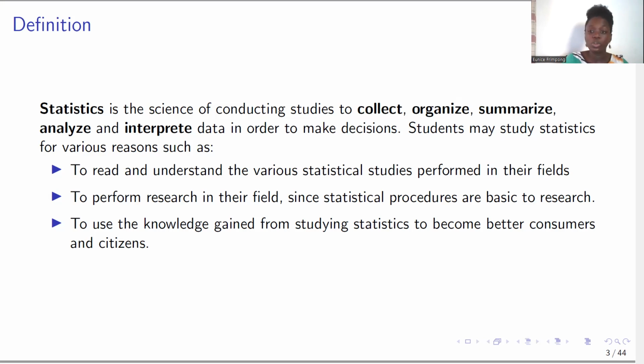And once he's able to do a study like that and come up with some findings, it can help the government or some stakeholders take some decisions. So the whole process of going through statistics is ultimately to help stakeholders make decisions.